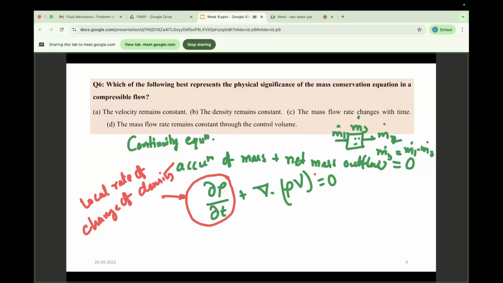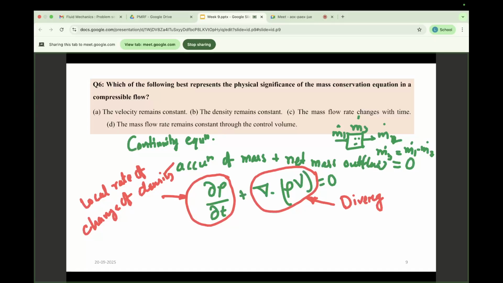And the second term indicates the divergence of mass flux. Divergence of mass flux basically gives you the condition whether the mass is outflowing from this system or flowing into this system.